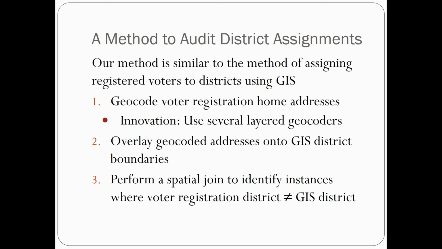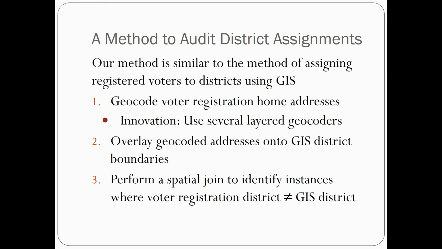So this is what we do. We take an address list from a voter registration file, we geocode it, we overlay the district boundaries, and then we just do a simple geographic merge on the data and identify any address that is falling outside of the prescribed district boundary, because the voter registration files have district identifiers in them too.